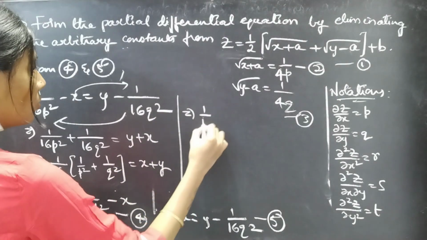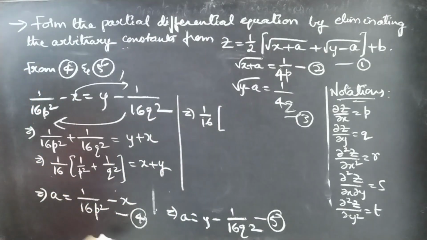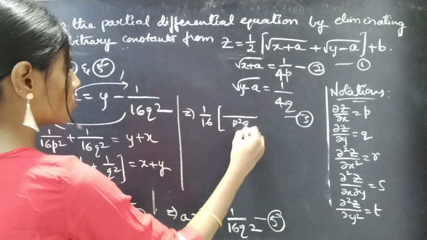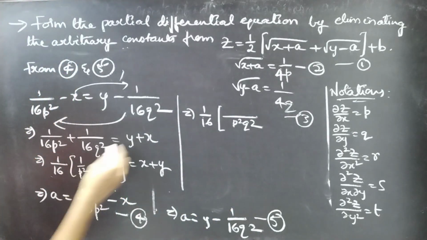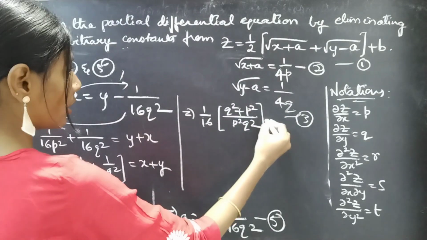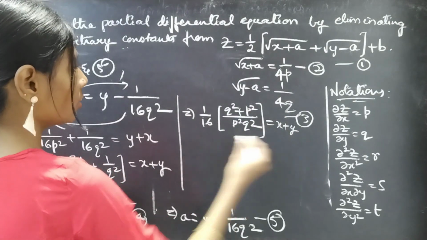Then 1 by 16 into, take the LCM of these two, you'll get p square into q square. In the numerator, you'll get q square plus p square equal to x plus y, right?